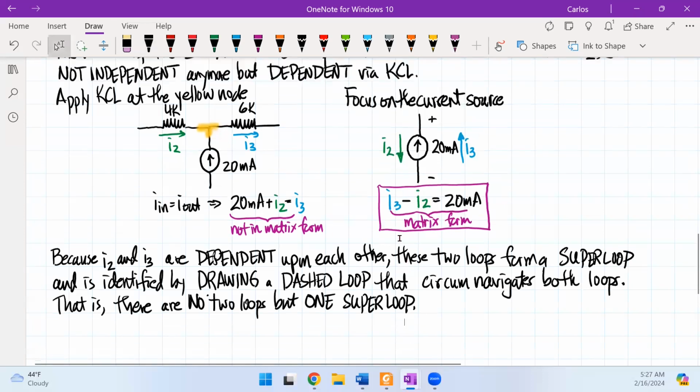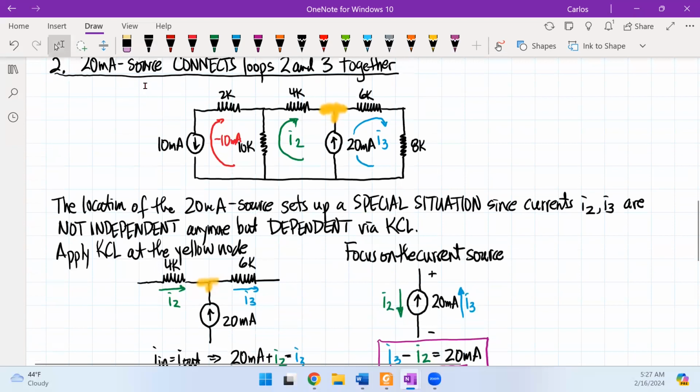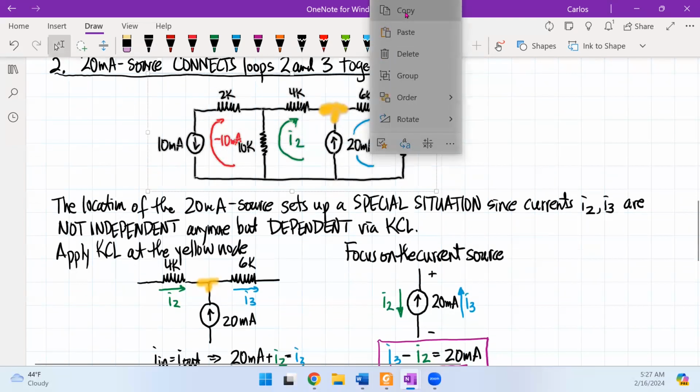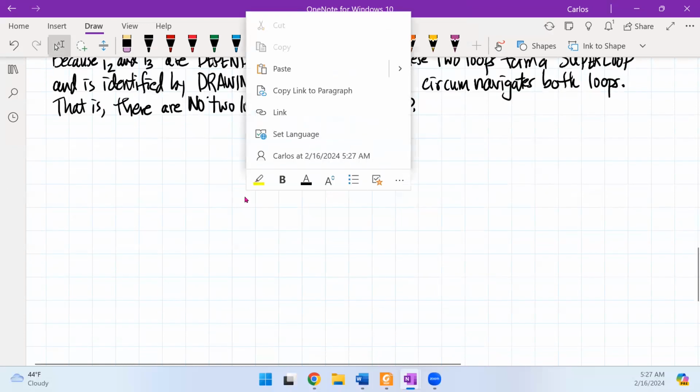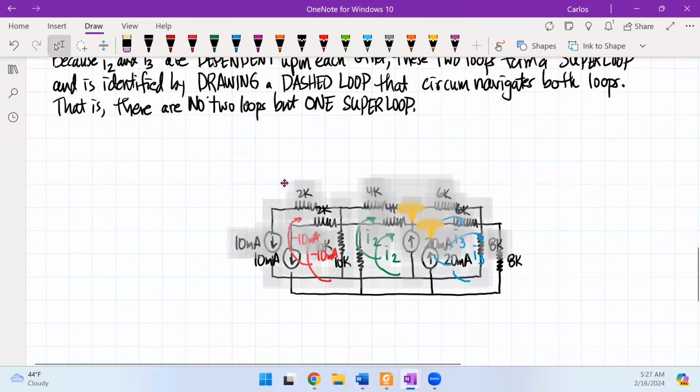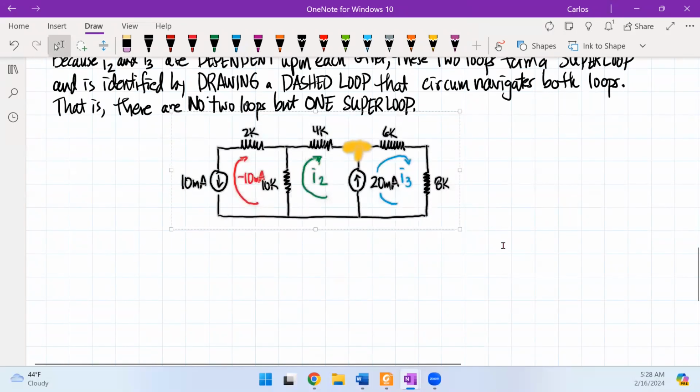So if I come in here and I take this circuit and I copy it and I bring it back down here. Since we already know what loop 1 is, I'm going to take off this yellow here.